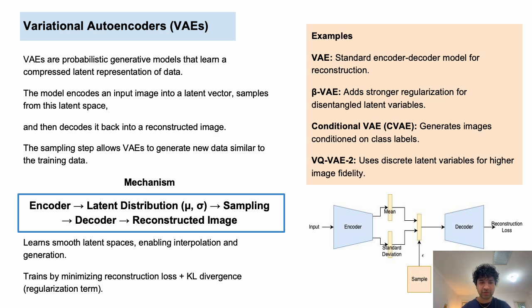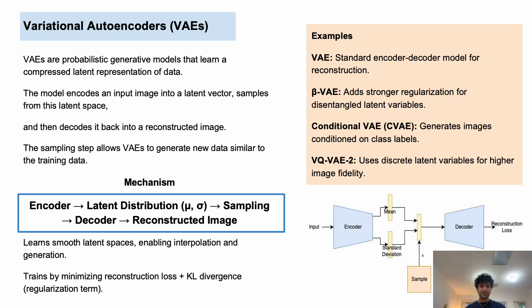So next up, we've got the VAEs, which are the variational autoencoders. Now these work slightly differently, actually a lot differently. The VAEs are probabilistic generative models that learn from a compressed latent representation of data.